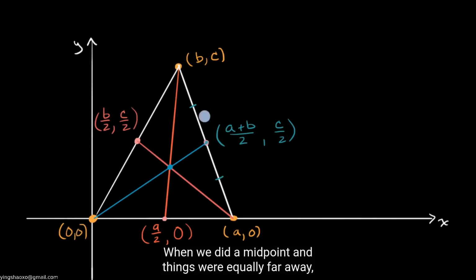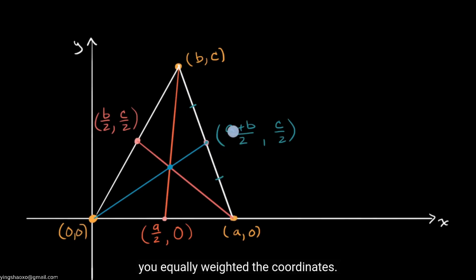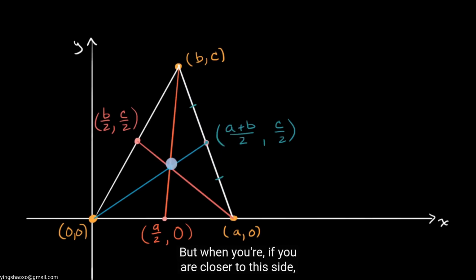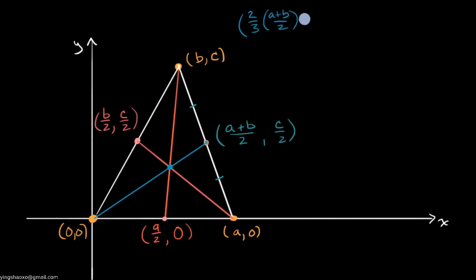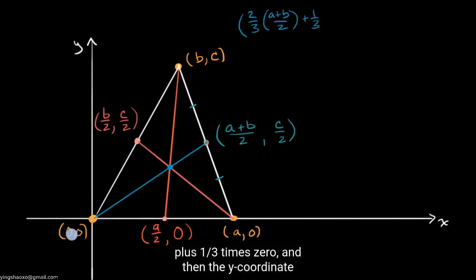When we did a midpoint and things were equally far away, you equally weighted the coordinates, so you just took their average. But if you are closer to this side, you will take a weighted average accordingly. So it's going to be 2/3 times a plus b over 2 plus 1/3 times 0.